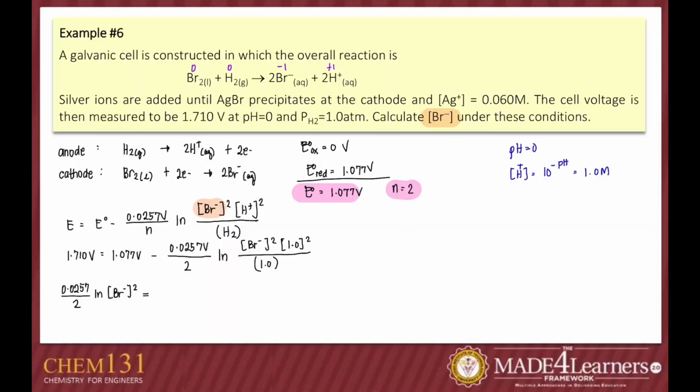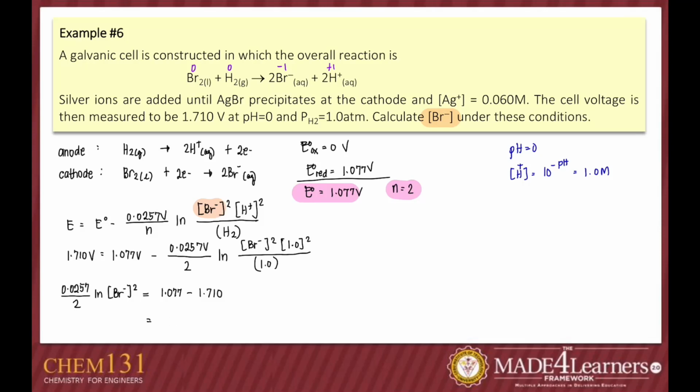That's equal to 1.077 minus 1.710. So we're not going to include the unit anymore because it cancels already. 1.077 minus 1.710 is equal to negative 0.633.